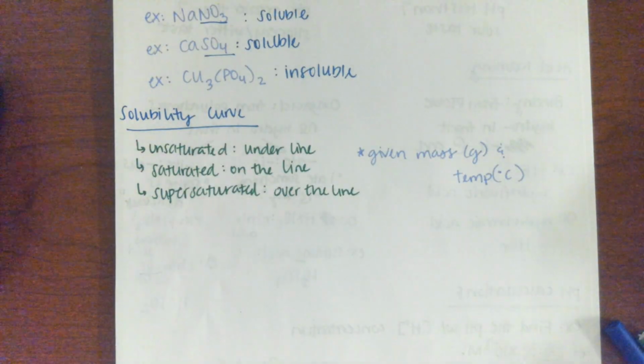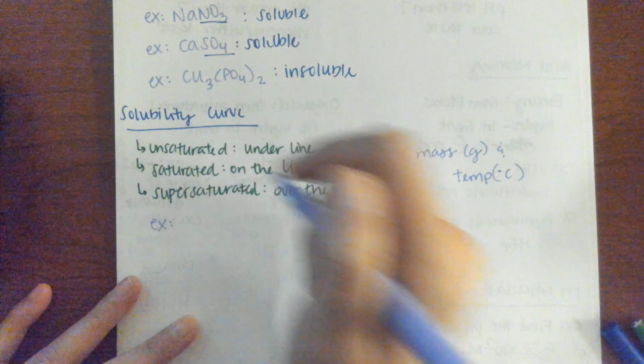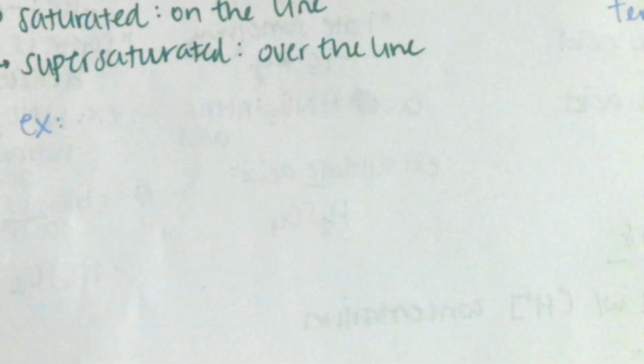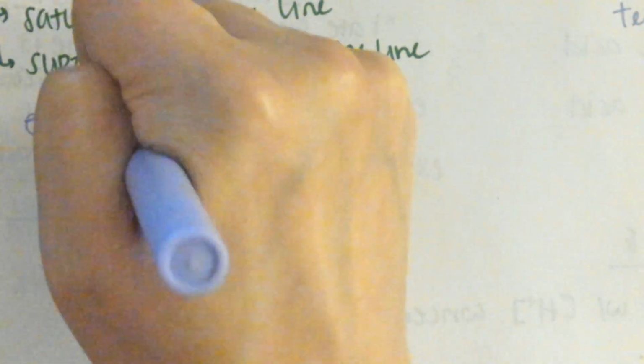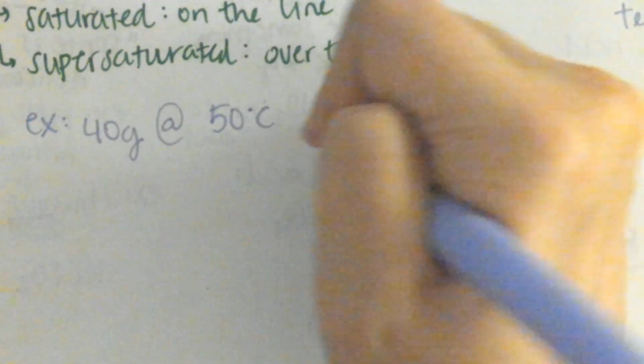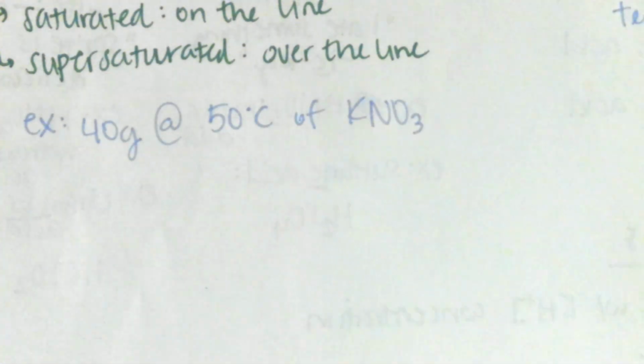So let's actually do that as our first example. I'm not going to write a full question, but just the numbers that you need. So 40 grams at 50 degrees of KNO3. Saturated, unsaturated, supersaturated.